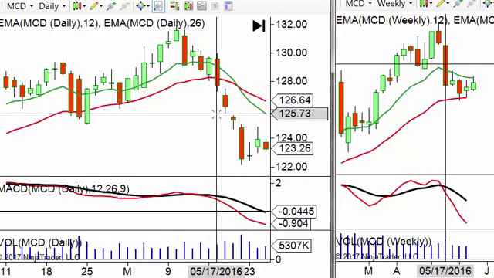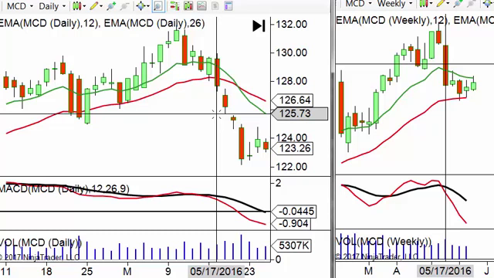Now, if you'll notice, we get the MACD line crossing below the signal line on the weekly chart. Also, we get a nice candlestick pattern on the daily, but we had that on the previous signal as well. Also, we're getting below both moving averages. So we're getting below the 26 EMA on the daily chart. And we had that opportunity as well over on the last one.